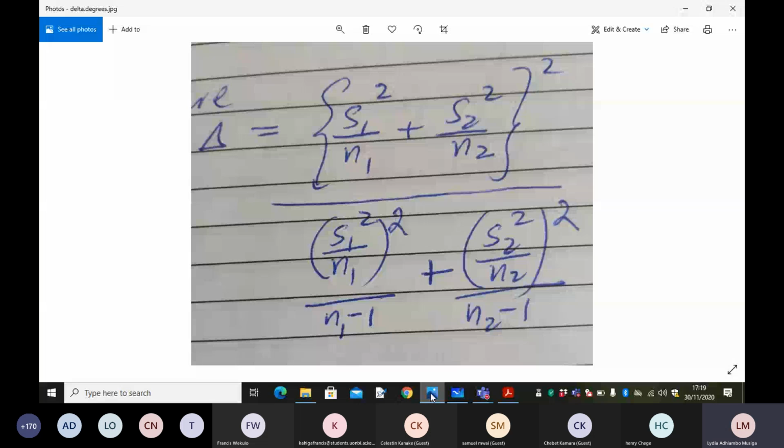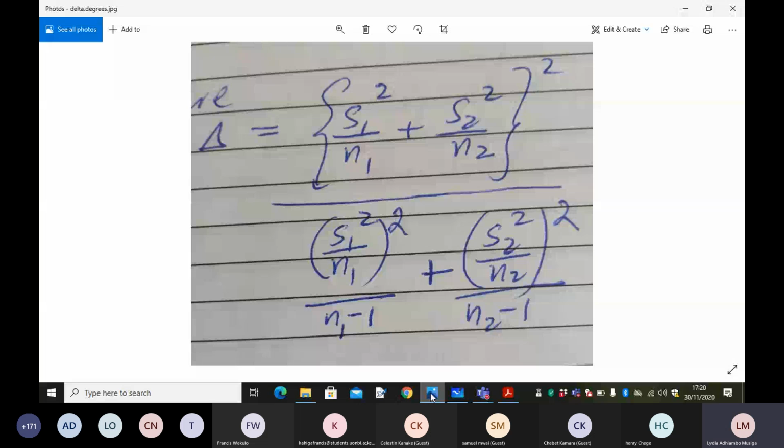This is how we calculate delta. And once we've calculated delta like that, we round the figure that we get down.